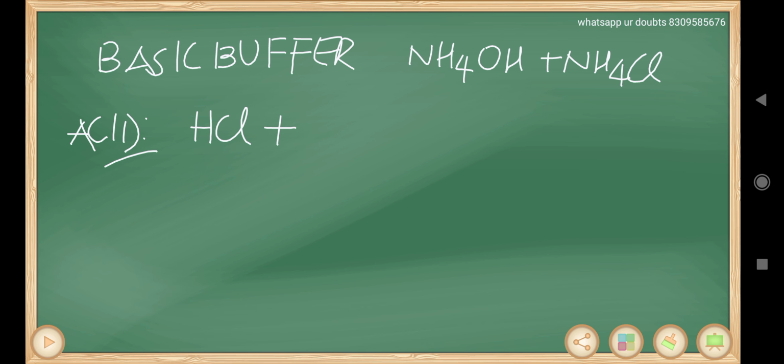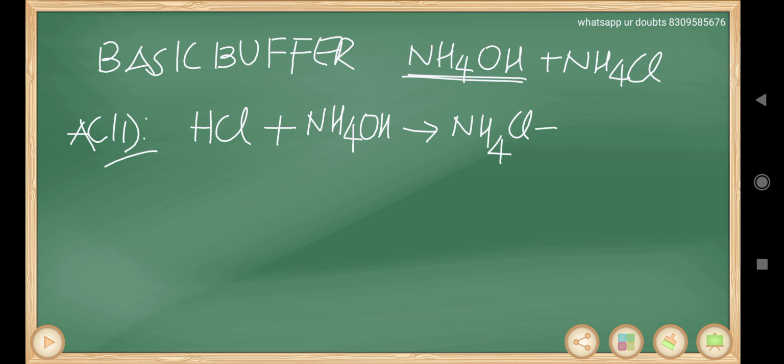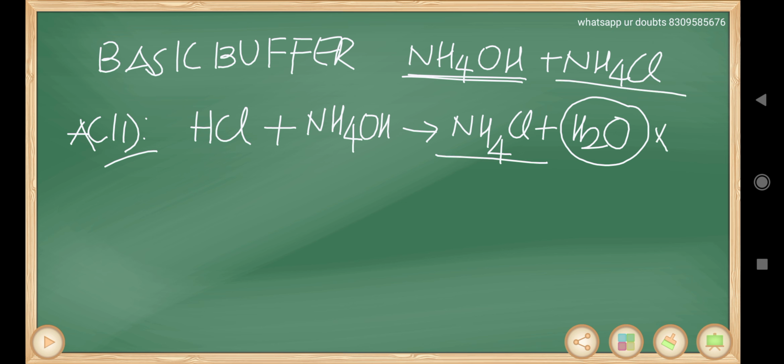When you are adding acid, the weak base will react to form NH4Cl plus water. As we know, water is neutral, no effect. NH4Cl is already with us, so again no effect.